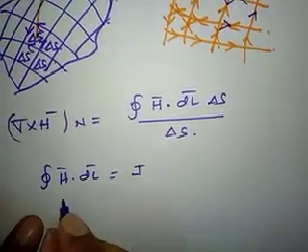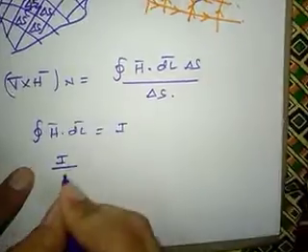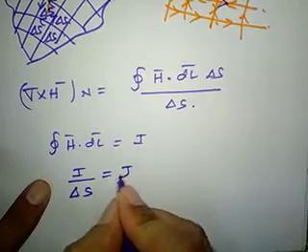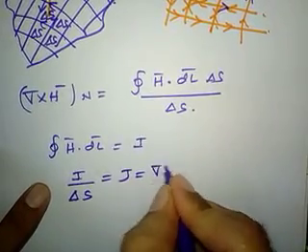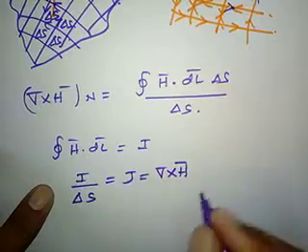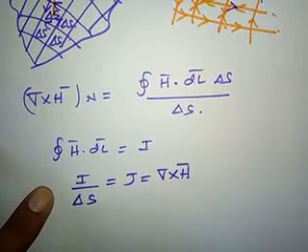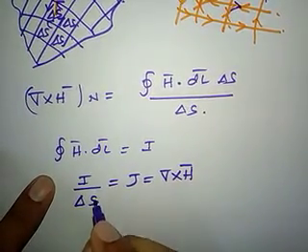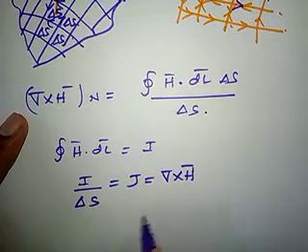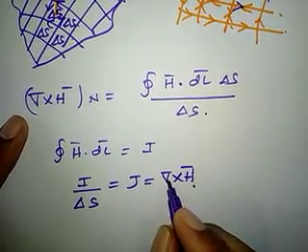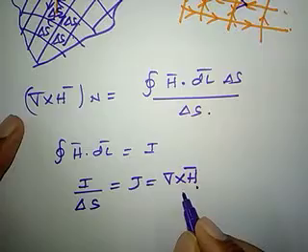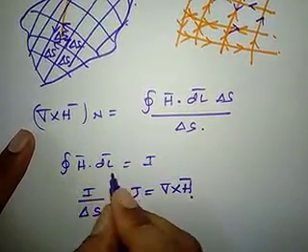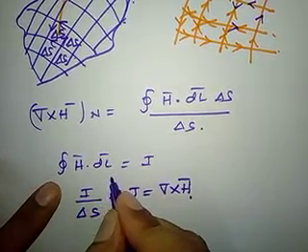Then the point form of Ampere's circuital law gives the current per unit area, that is I upon delta S, which is equal to J, and this J we know is equal to del cross H. So this is the point form of Ampere's circuital law, right? So here I is the closed line integral of h bar dot dl bar, divided by delta s.